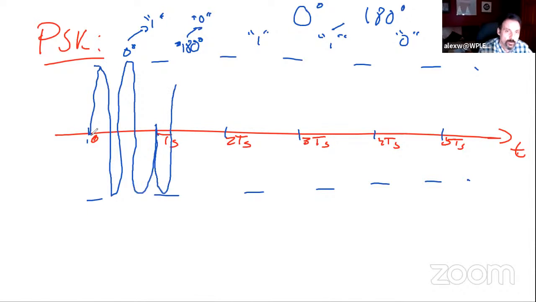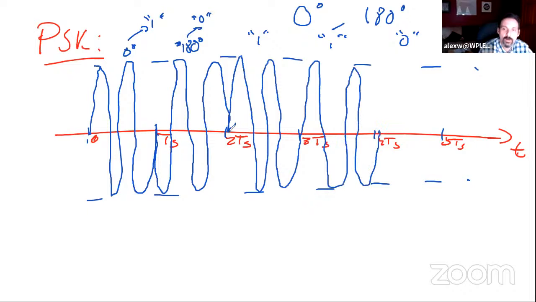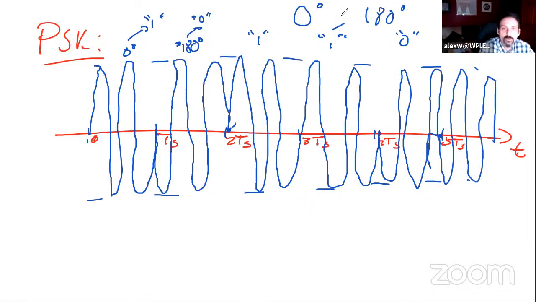Everything is in opposite mode, right? Up, 180 degrees phase shift. Here, because we're going from 1 to 1, it's still the same phase. But here, 180 degrees phase shift. And here, there's no change, from binary 0 to binary 0. They're the same phase. So we keep on. There we go. So in this case, the information is completely contained in whether there's a phase shift or not, right?